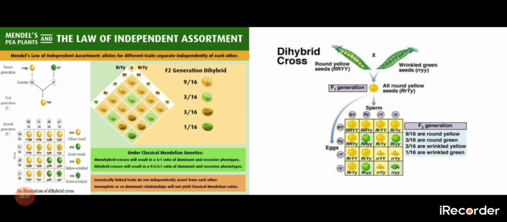Hence, during gamete formation, capital R, capital Y plants produce capital R, capital Y gametes. Similarly, the other parent, small r, small y, produces the gametes small r, small y. Mendel observed phenotypically that the F1 plants were with round yellow seeds. The genotype of the F1 hybrid was capital R, small r, capital Y and small y.